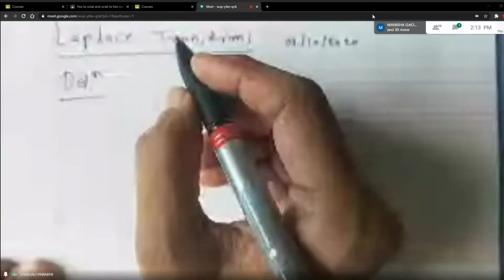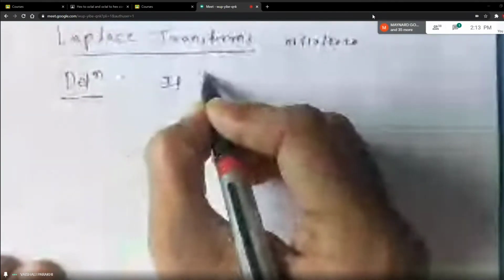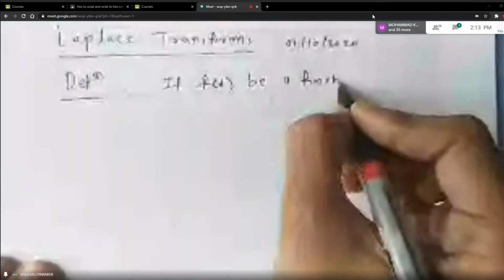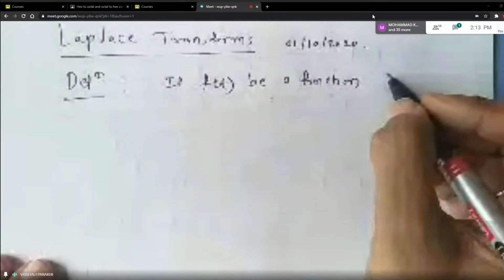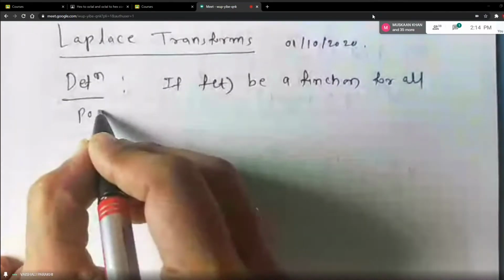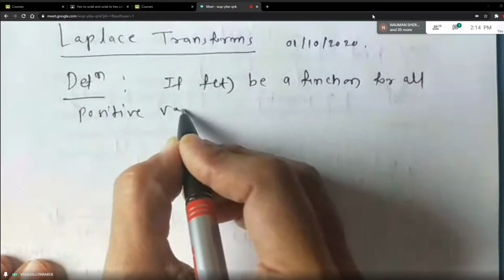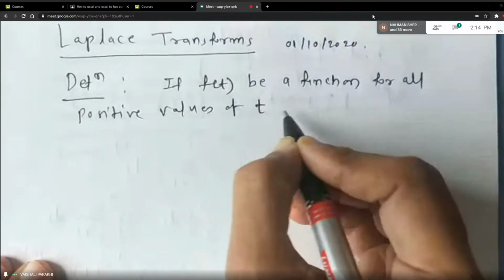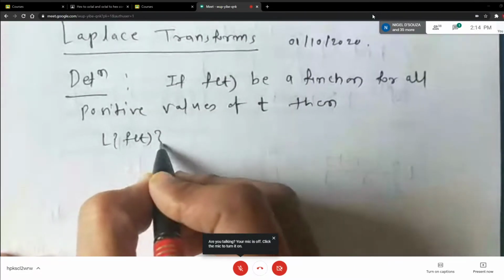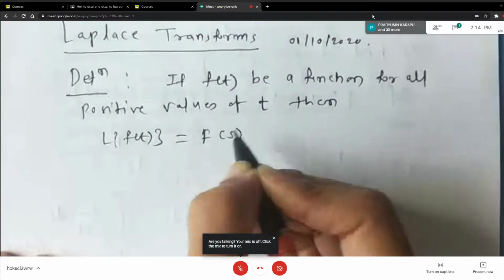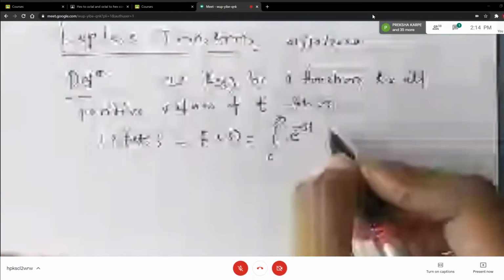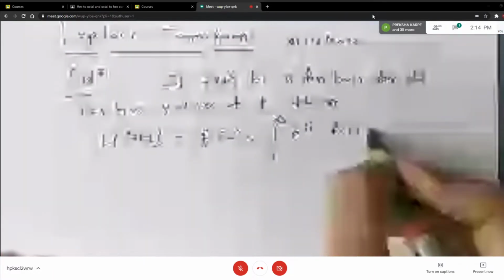If f of t be a function for all positive values of t, then L of f of t, which is also denoted by F of s, is the integral from 0 to infinity of e raised to minus st f of t dt.